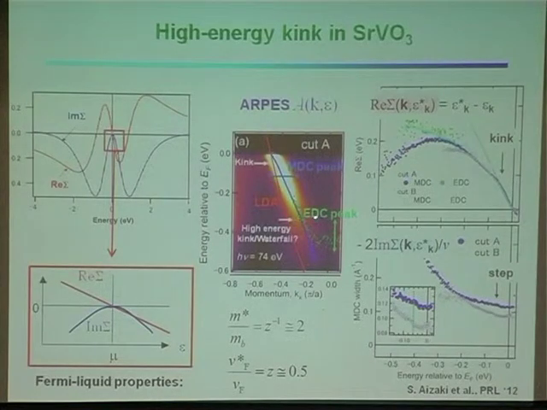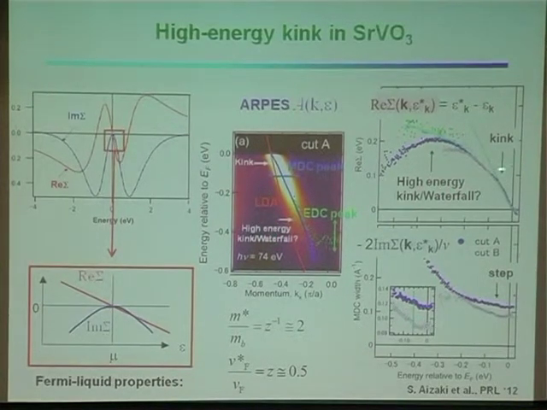But if you look at the EDC peak, then this goes in the opposite direction because there is some band bottom around here. This purple line is the EDC peak and this is the MDC peak, and the big structure due to the high energy kink is the so-called waterfall.